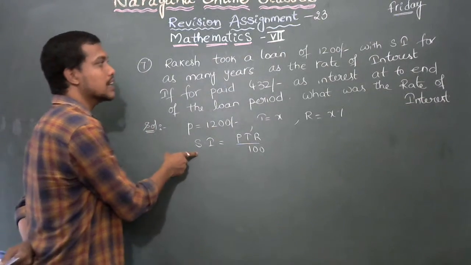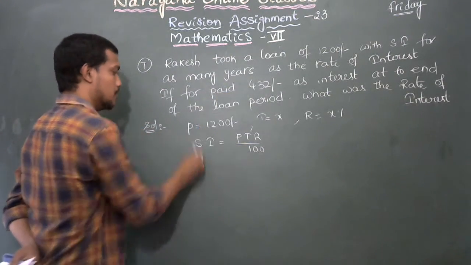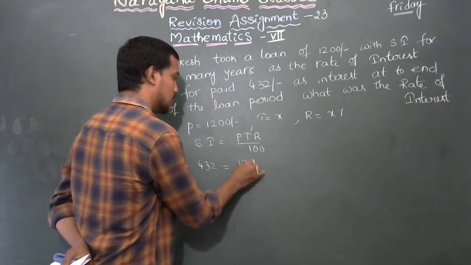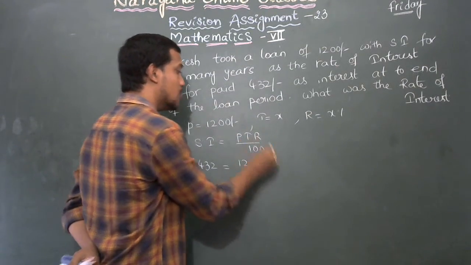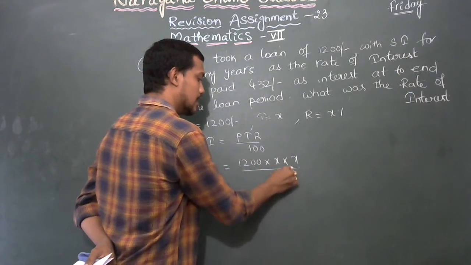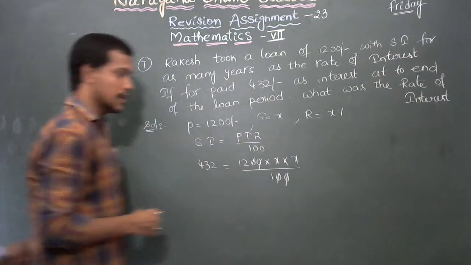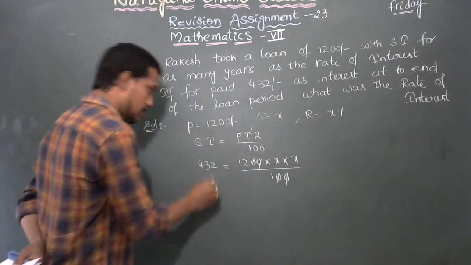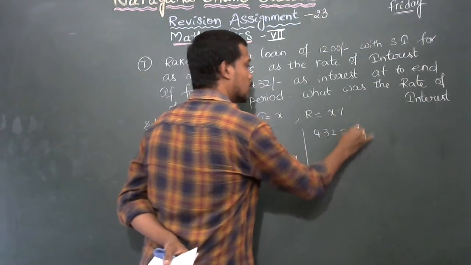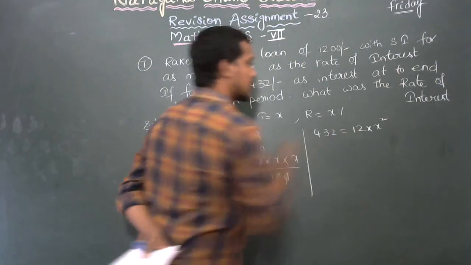Here the simple interest amount was given, 432. So 432 equals P value 1,200 into T value x into R value also x by 100. So 0, 0, 0, 0 cancel. Now see, 432 equals 12 into x square.